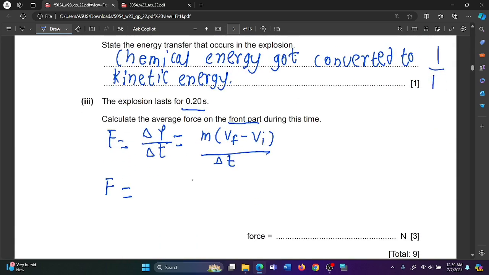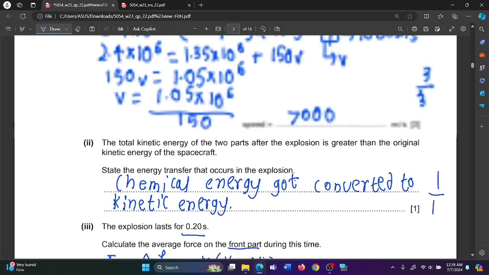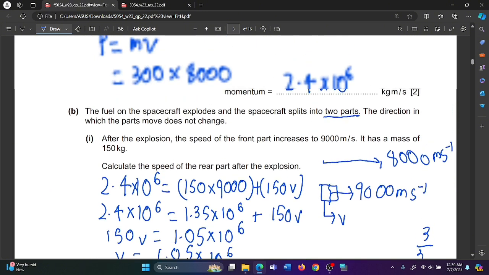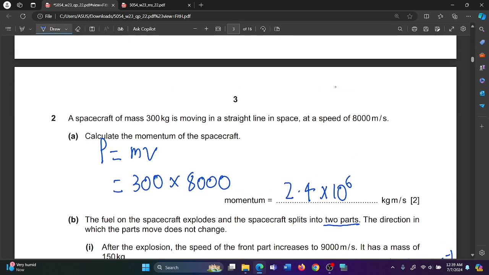So first let's fill up the equation by filling up the value of mass. Then what is the final velocity? The final velocity is 9,000 and the initial velocity was 8,000. As the initial velocity of the entire spacecraft was 8,000, thus the velocity of the front part initially should also be 8,000, as the spacecraft and the front part were the same initially.